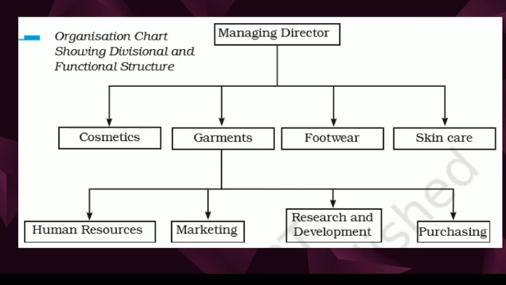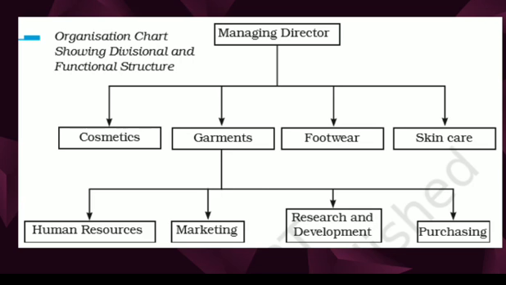Under that, it's organized by the functions under each product line: human resource function, marketing function, research and development function, purchasing or sales function. All these come under the product line of each department.